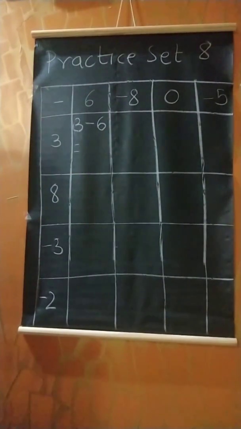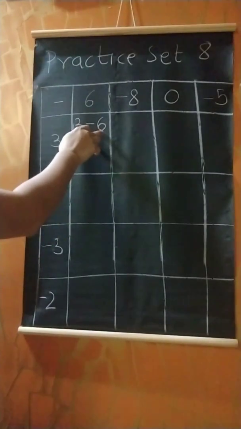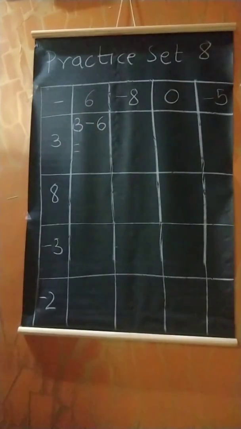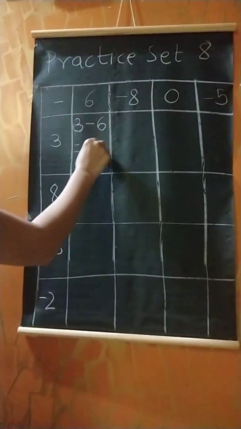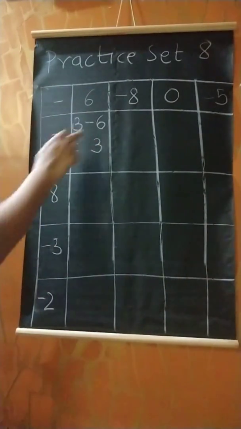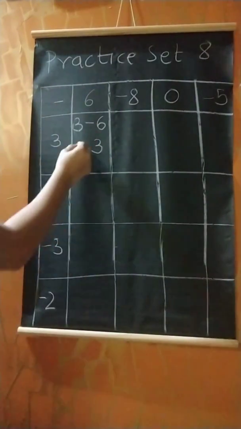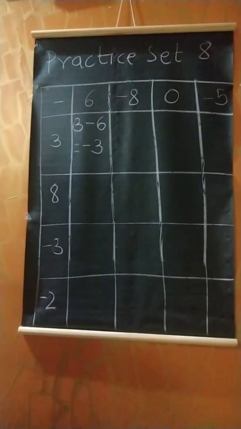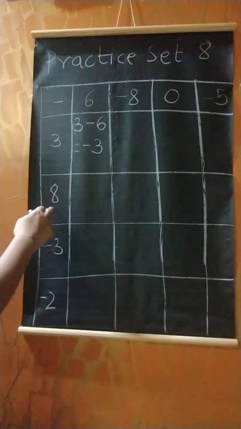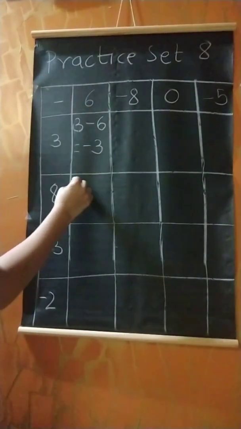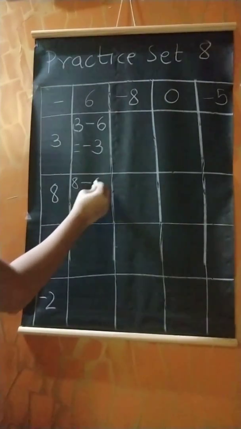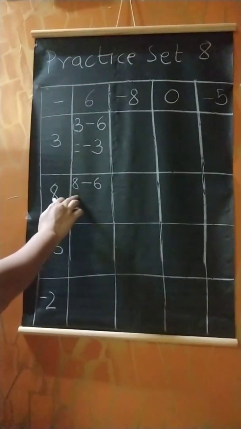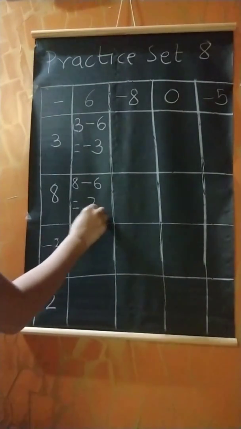Now both have opposite signs, so you subtract 3 from 6 and you get 3. But in this case 6 has a negative sign, so your answer will be minus 3, right? Next, take 8 minus 6. Here simple subtraction is there. 6 subtracted from 8 gives the answer 2.